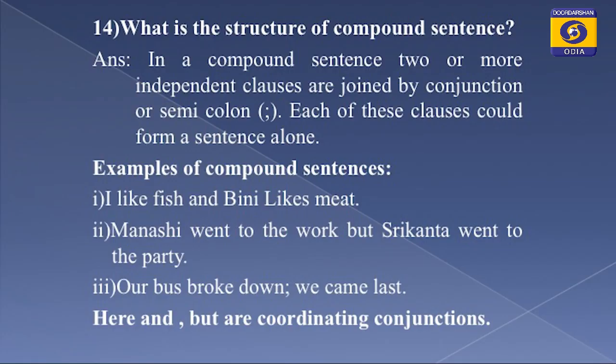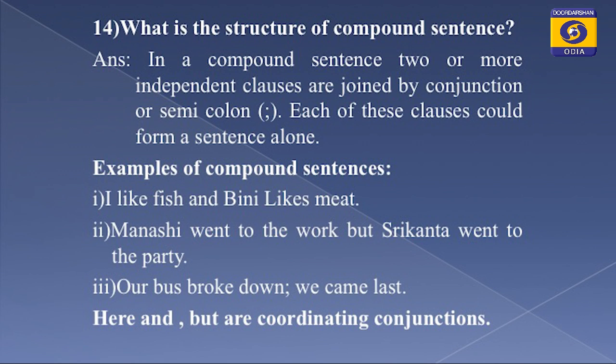In a compound sentence, 2 or more independent clauses are joined by a conjunction or semicolon. Each of these clauses could form a sentence alone. So, an example of a compound sentence: I like fish and Binny likes meat. Here you see, in this example, we have 2 finite verbs.